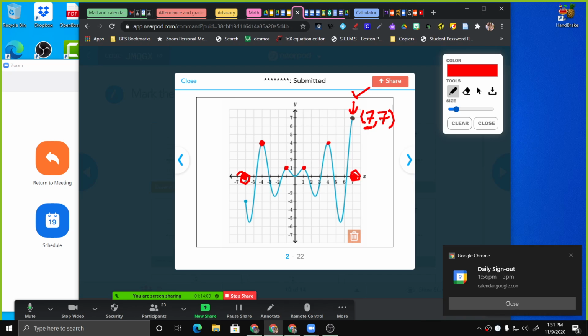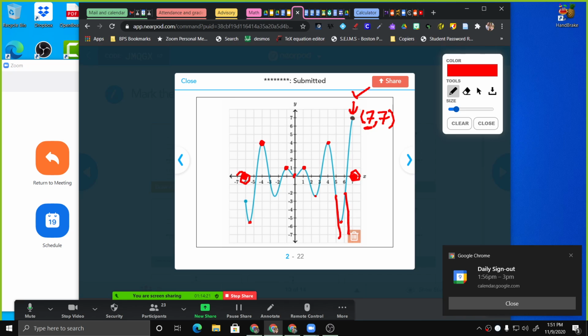Yes, the lowest one. But if you'll notice, those two are both the same y value, -5.5. So those are relative minima because they are contained in open intervals like that.